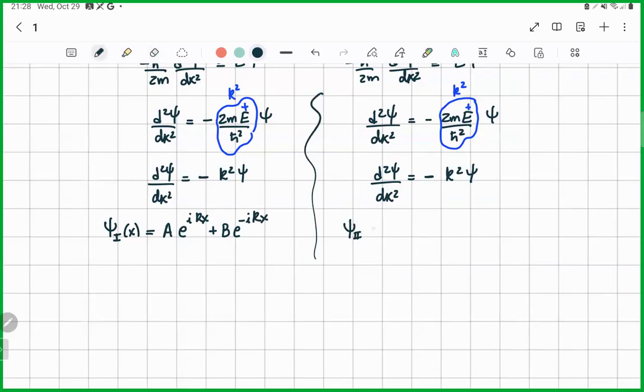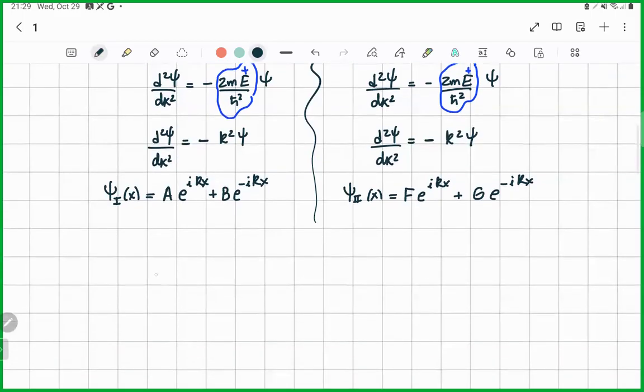I'm going to write it as f exponential plus ikx plus g exponential minus ikx. Either solution is correct. So coming back, if I write like this, we are good. If I write like this, it's also correct.